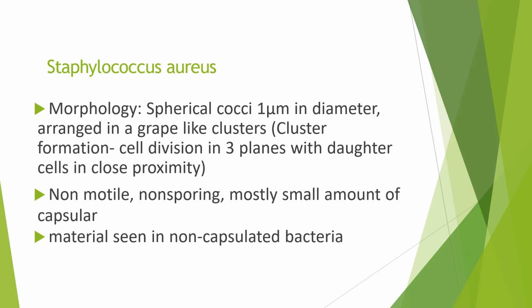Moving on, now we are telling about the morphology of Staphylococcus aureus. Up to this we told the general features of staphylococci. This one is about Staphylococcus aureus. The cocci are 1 micrometer in diameter, arranged in grape-like clusters. Cluster formation is due to cell division in three planes.